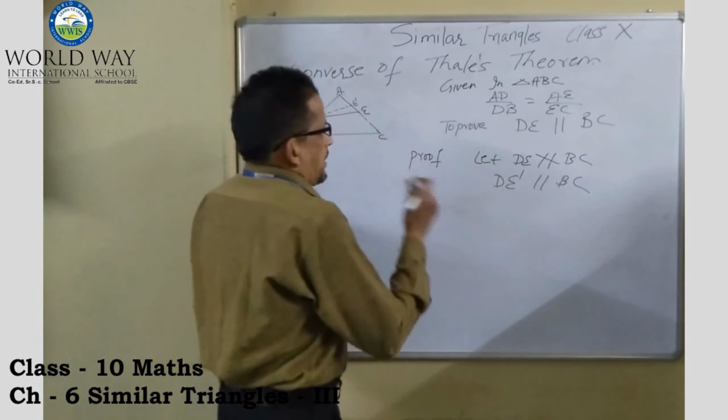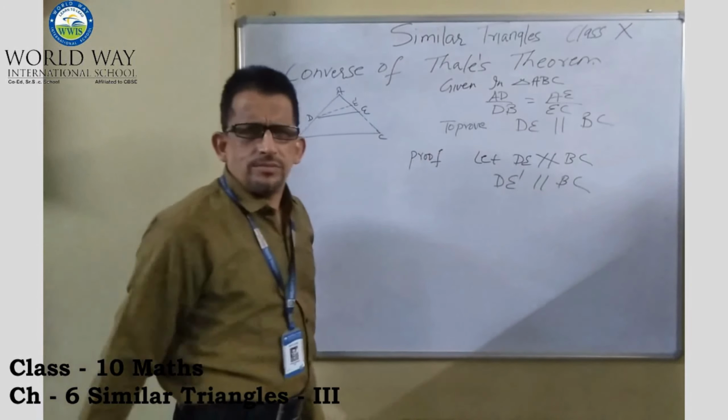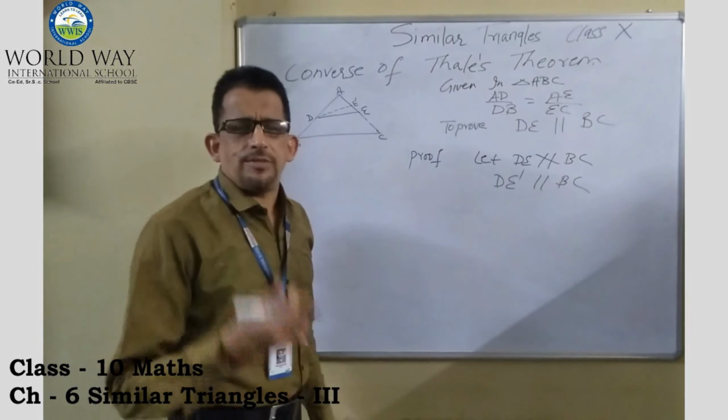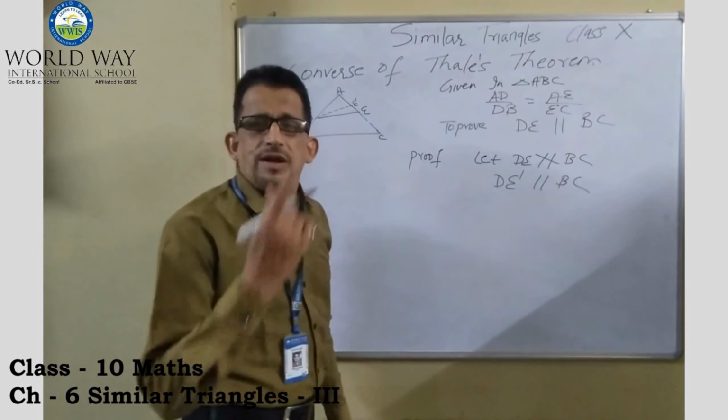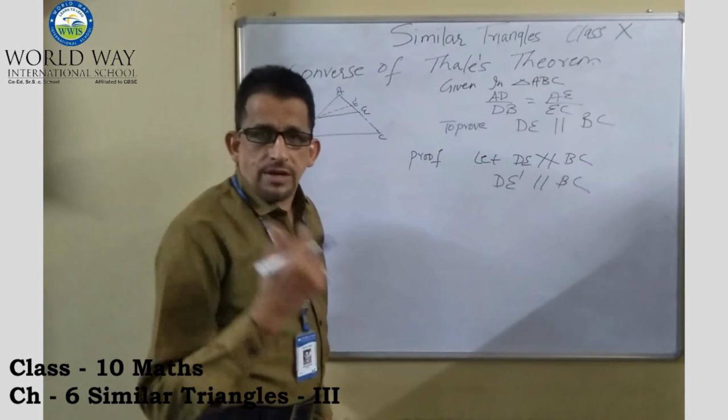So now, if DE dash is parallel to BC, then apply Thales theorem. What is the statement of Thales theorem? In a triangle, if a line is parallel to one of the sides of a triangle, it divides the other two sides in the same ratio.